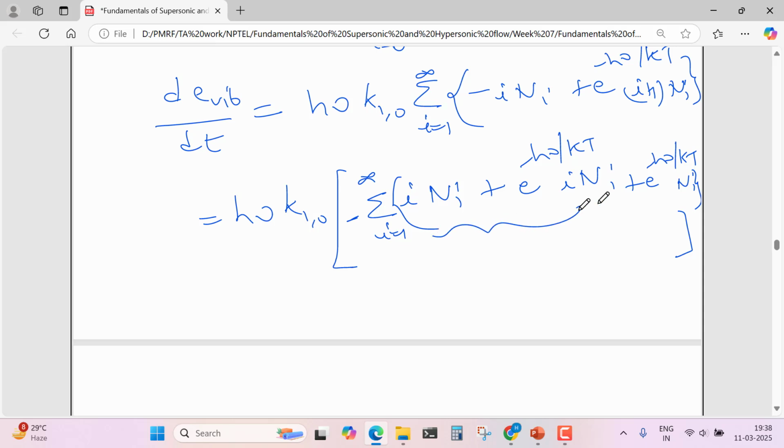These two terms we can write together, so it becomes h nu k1,0, and this summation we will also write separate, e to the power minus h nu upon kt sigma n_i.